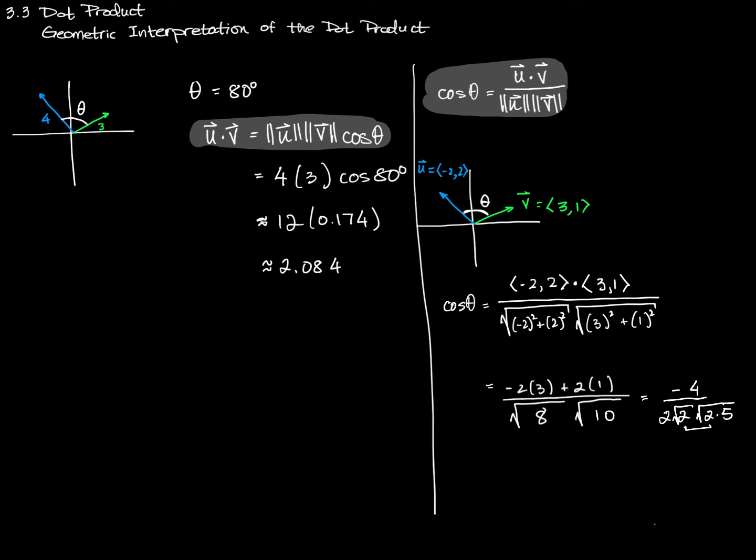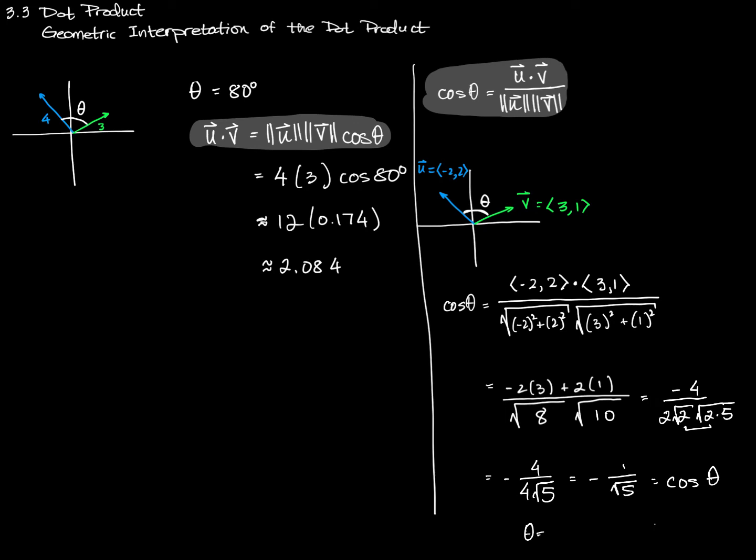I can combine these two to get another 2 out, and I have negative 4 over 4 root 5, or negative 1 over root 5. And that, ladies and gentlemen, is the cosine of theta.